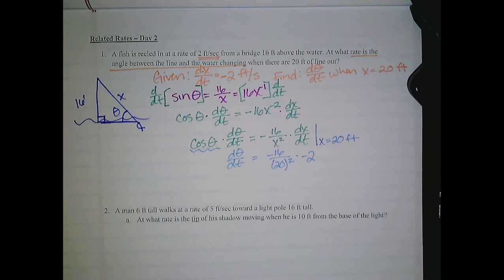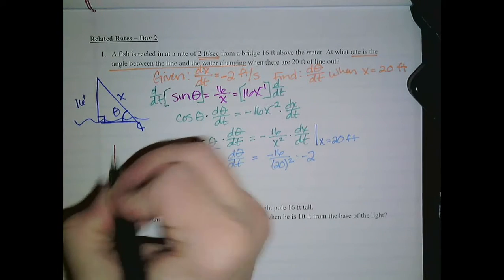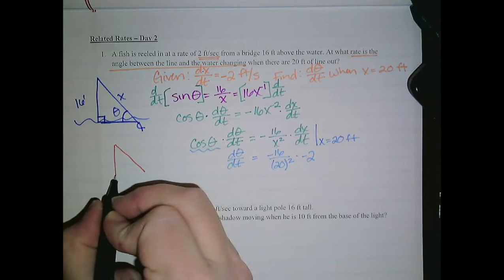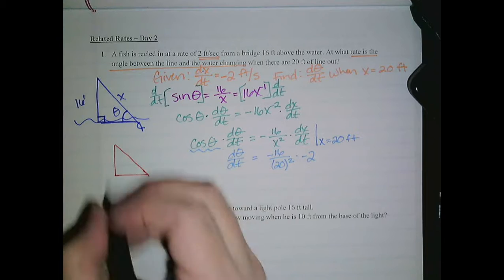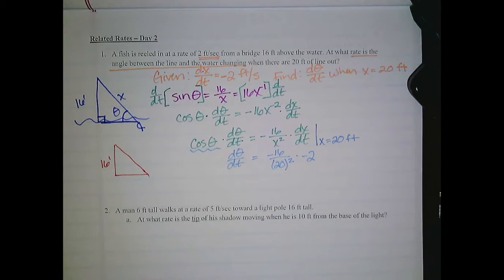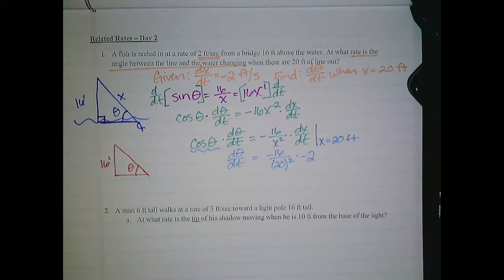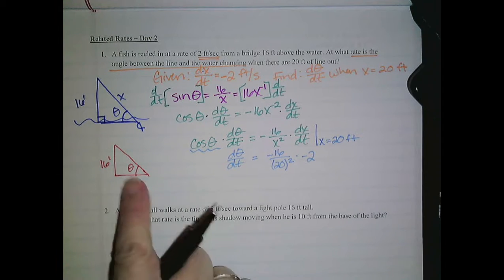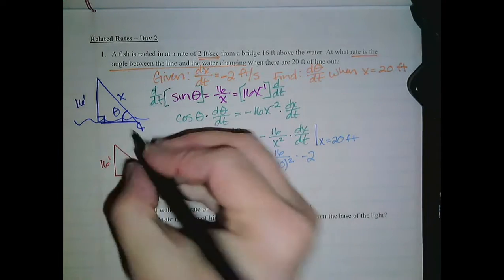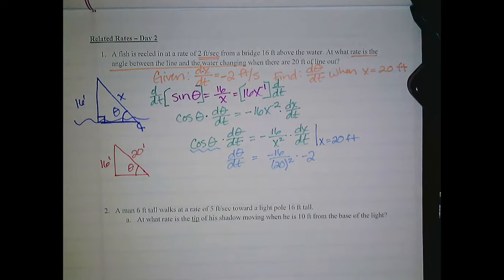So I'm just going to come over here and redraw what I have happening. This is my right triangle. Again, we know that the bridge is a constant 16 feet tall. We know that this angle is the angle that we're looking at, theta. And we want to know what is cosine of theta when x is 20 feet.